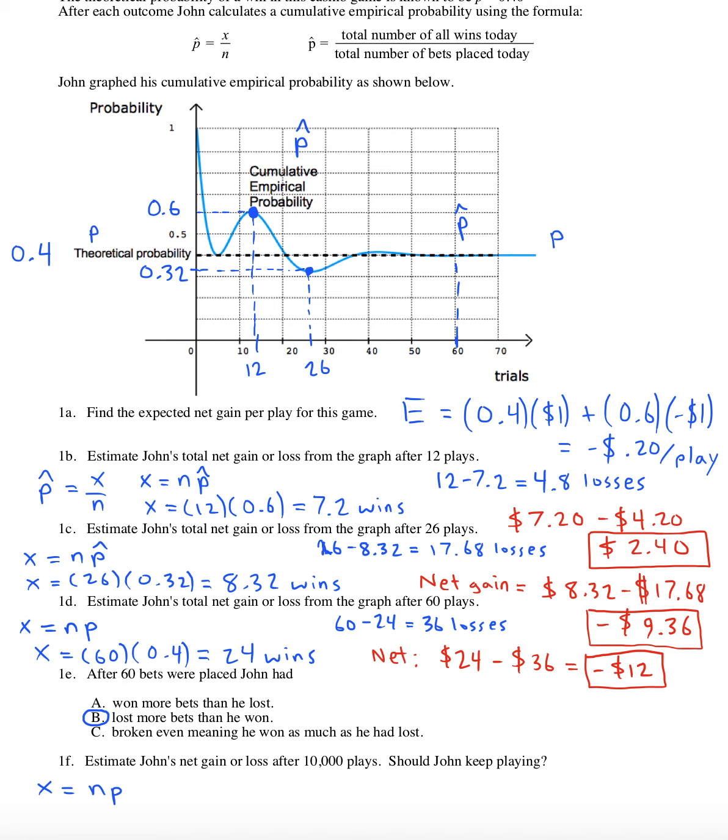It would be virtually impossible for the p hat not to be very close to P at that time. So let's just assume that it is P. And we'll plug in our 10,000 trials. And 0.4 probability of success, 4,000 wins. And 6,000 losses.